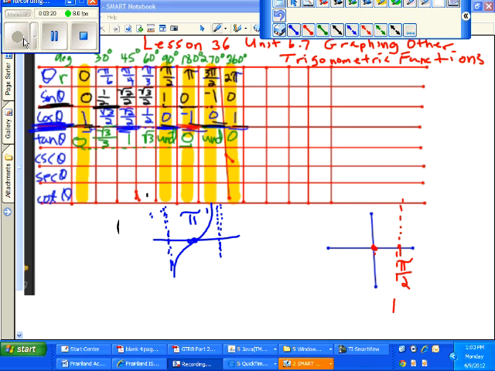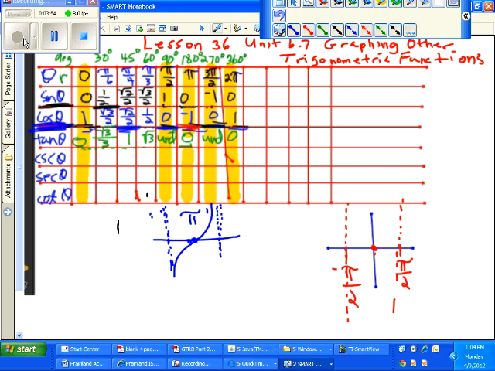And the next one is going to be pi to the right, which means that the other half of my tangent curve is really going over to the left. So if we're going to graph the basic tangent wave, we're really going to be on either side of the origin, either side of the y-axis.